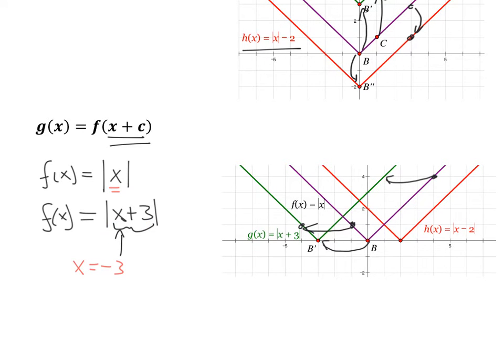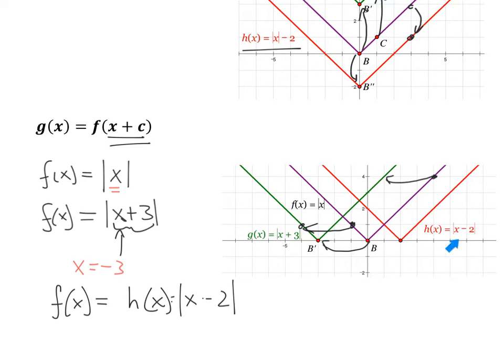Well, if we do the opposite now, if we subtract, if we take a new f of x, let's call it h of x, and we make that x minus 2, we should expect the opposite thing here.